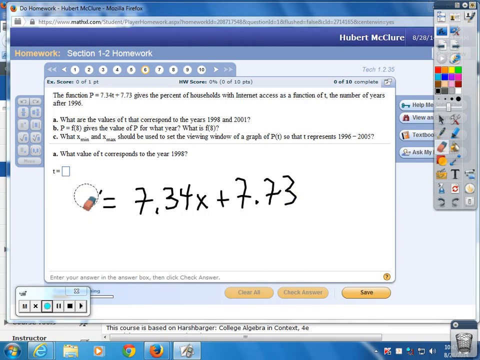I'm just trying to make it easier for the students that don't necessarily think it's easy. All right, so that takes care of this. And this is percent of homes that have internet. And x is what? The number of years since when? 1996.